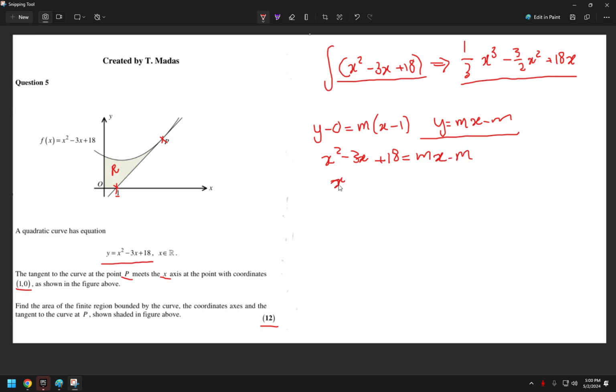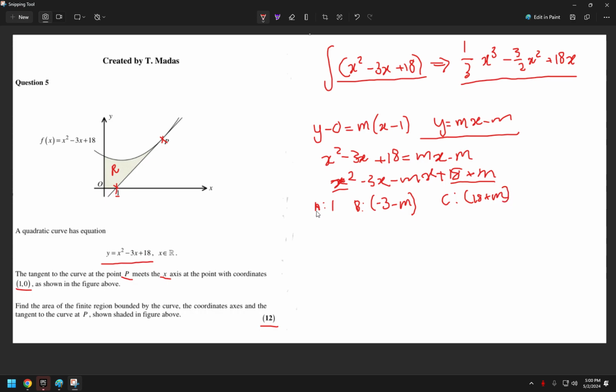Now bring everything to the left hand side: x squared minus 3x minus mx plus 18 plus m. Now if we do b squared minus 4ac, we would have a equals 1. If we factor out the x, b equals minus 3 minus m. And c would be 18 plus m.